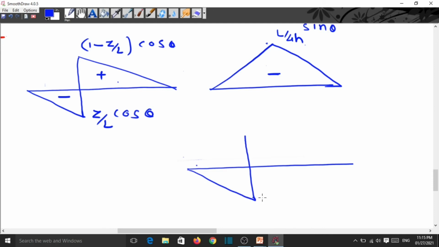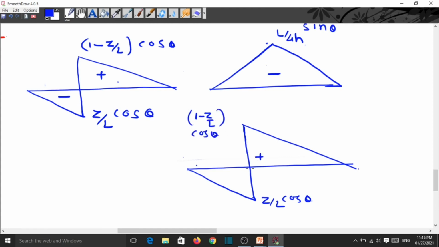This is Z by L cos theta and this is the 1 minus Z by L into cos theta.